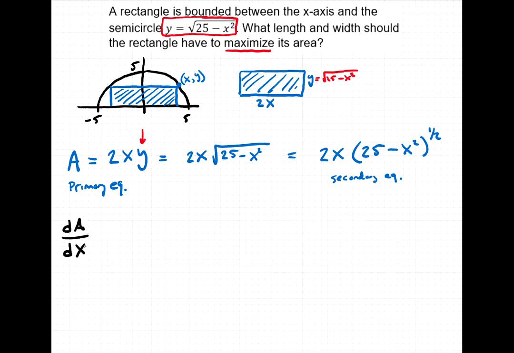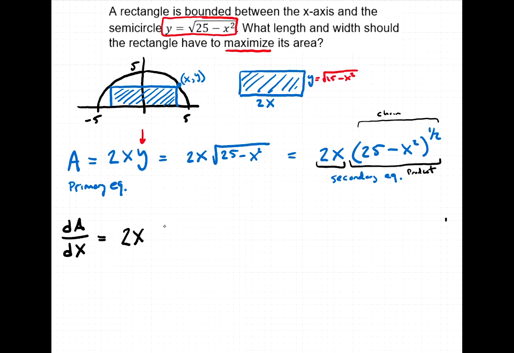All right, so now let's work with the derivative. dA/dx, or the derivative of A with respect to x. Well, we have the product of two things here, so we need the product rule. And in the product rule, we're definitely going to be using the chain rule here. The derivative, according to the product rule, says we'll take the first factor, which is the 2x, times the derivative of the second.